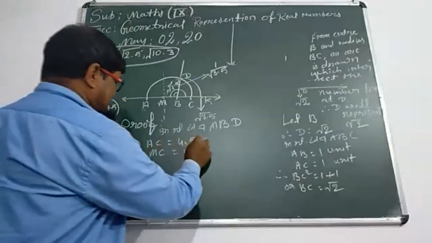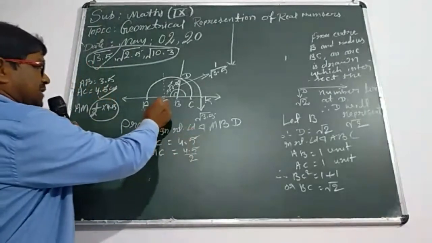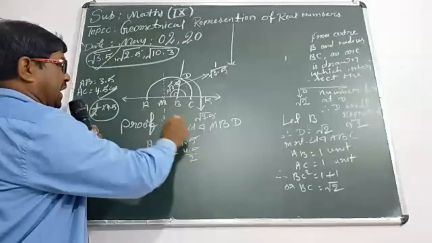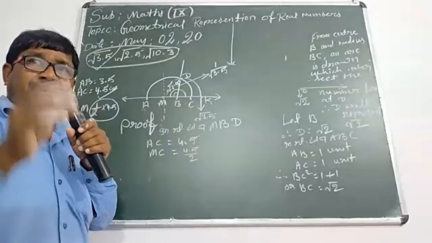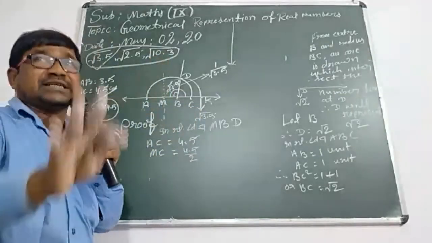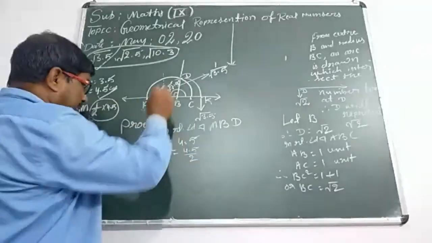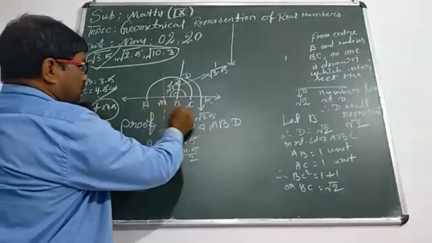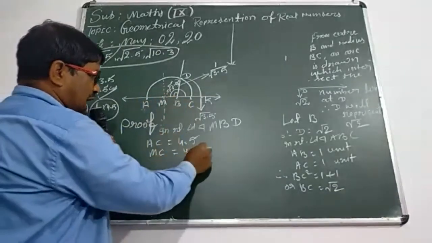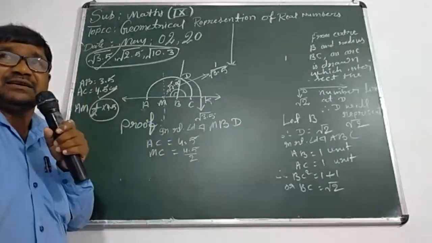Students, M is the middle point of AC due to the perpendicular bisector. So AM equals CM, equal to half of AC.